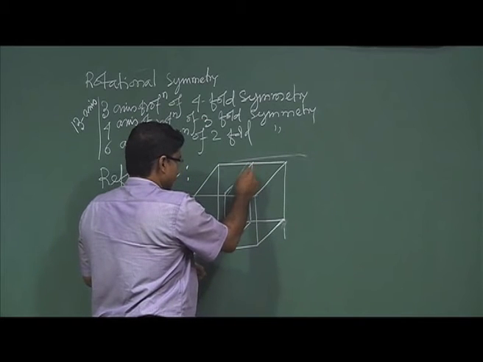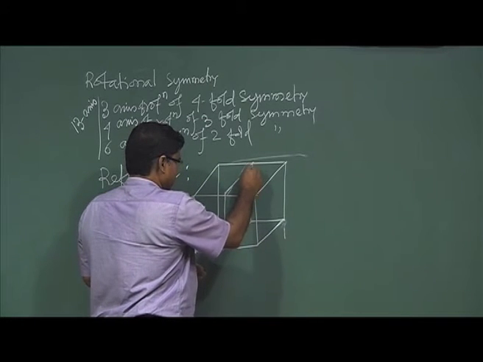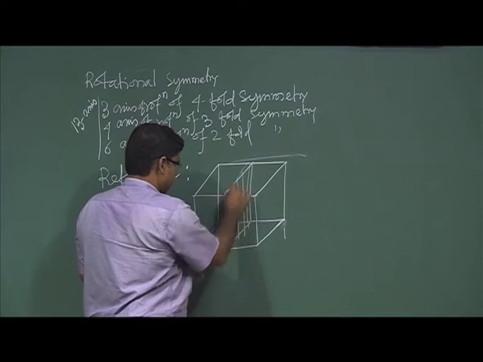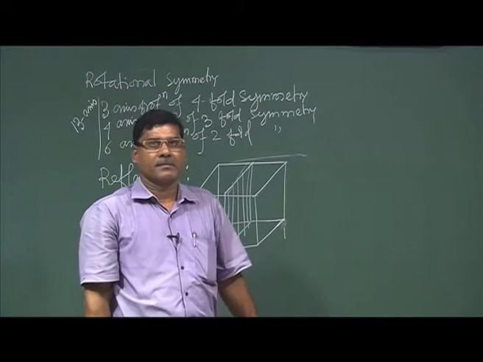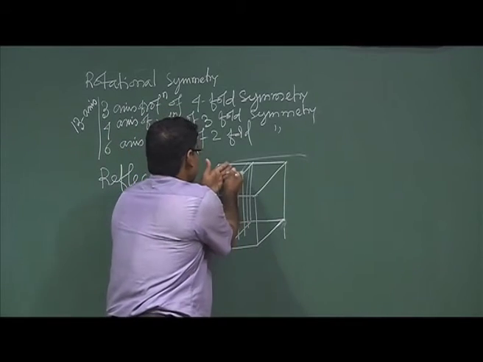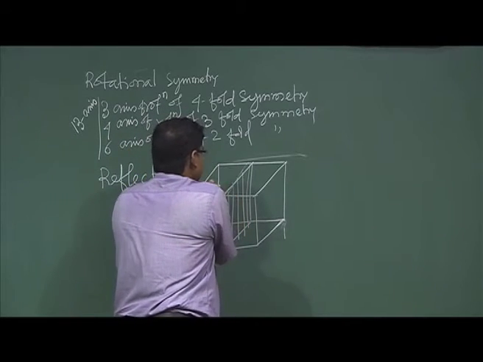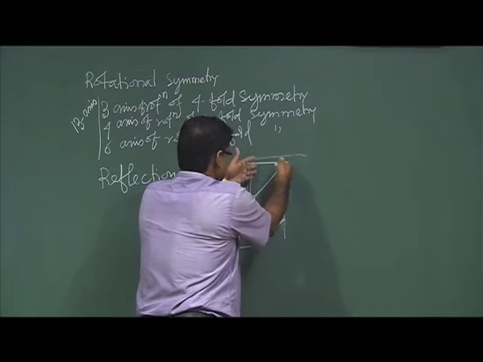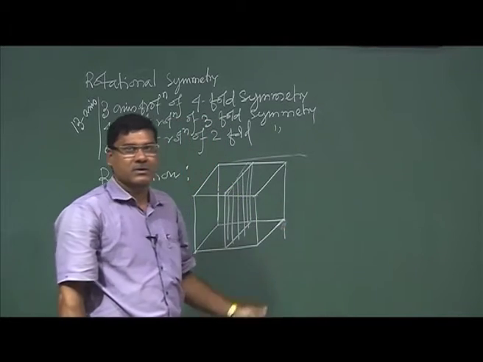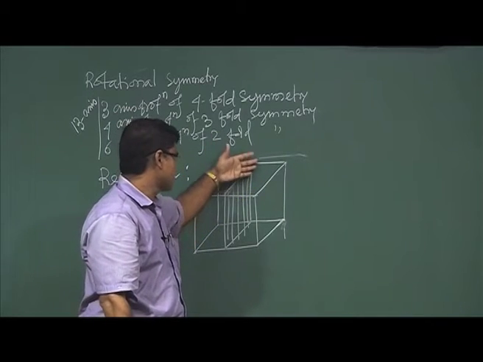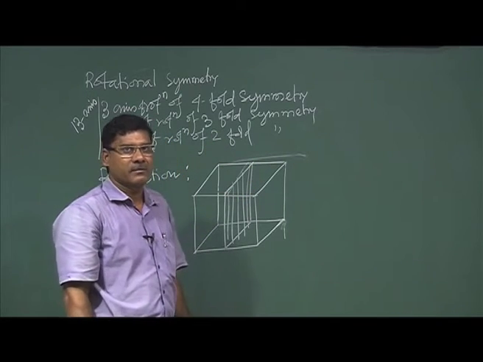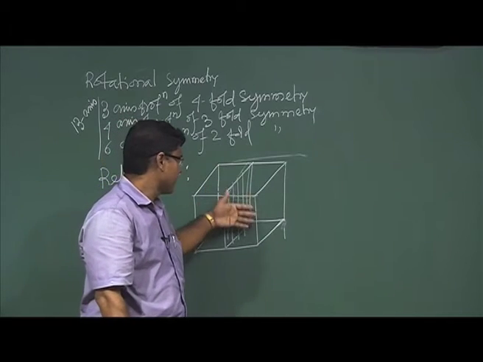So, this is the plane. You can have the image of this half, and it is exactly the other half. So, this cube crystal has symmetry with respect to this plane, the reflection plane, or mirror plane.